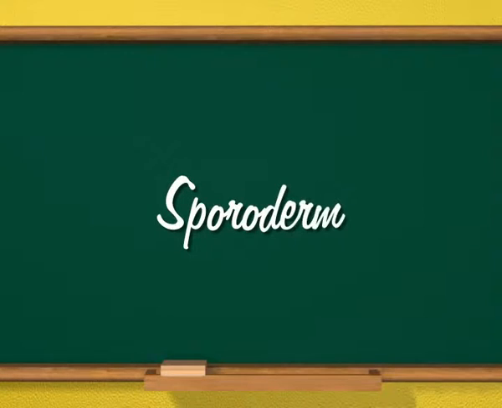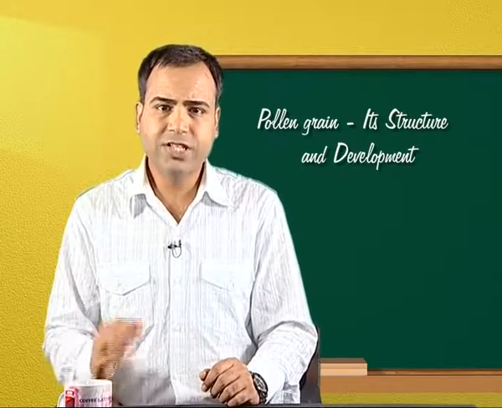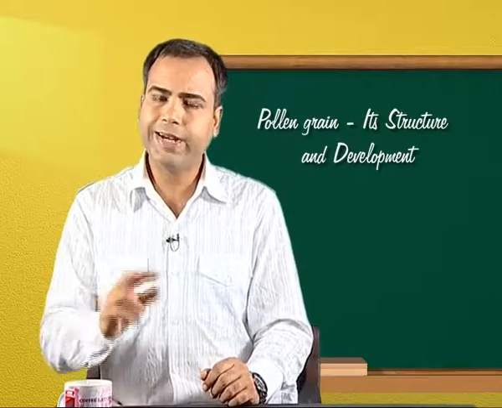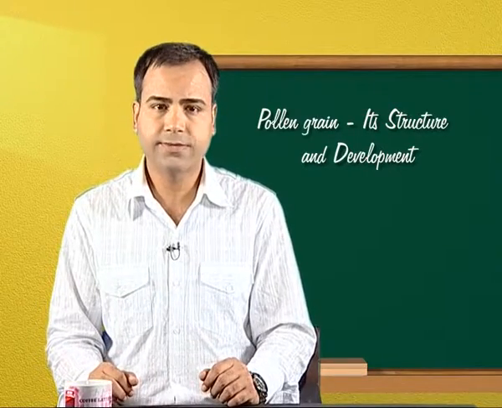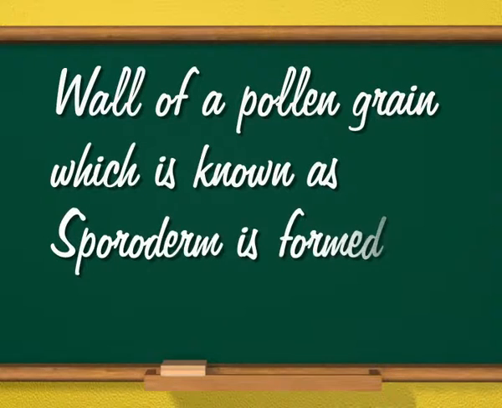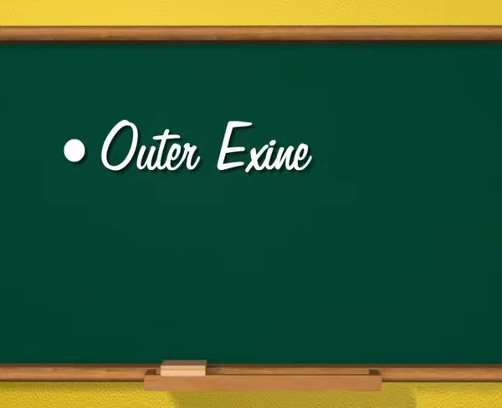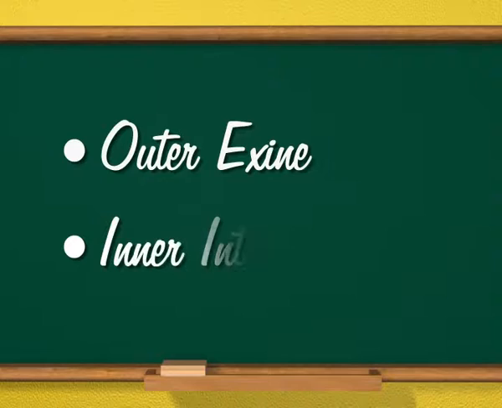And the answer is it is called sporoderm. My next question, the wall of a pollen grain which is known as sporoderm is divided into 2 layers. Name these layers. Answer is the wall of a pollen grain, known as sporoderm, is formed of 2 layers. First is outer exine and second is inner intine.